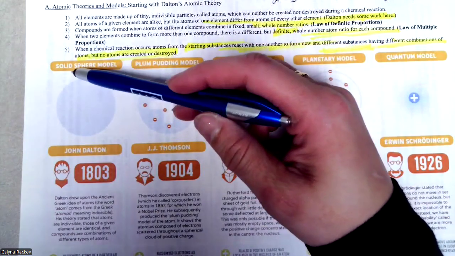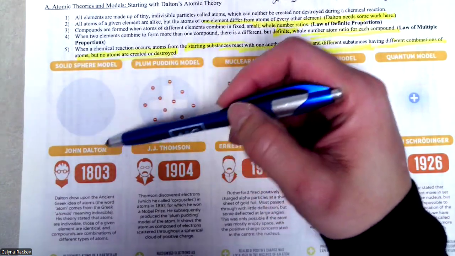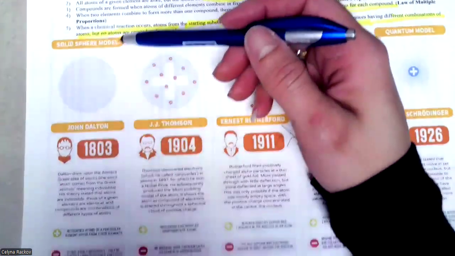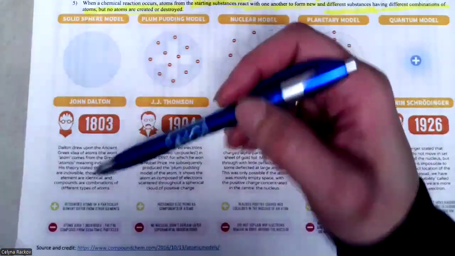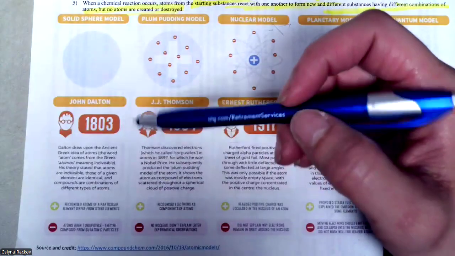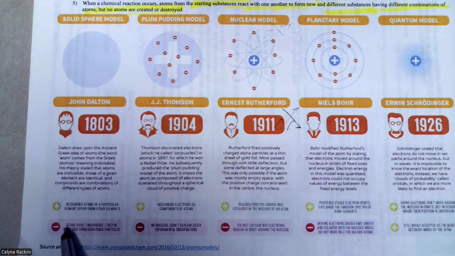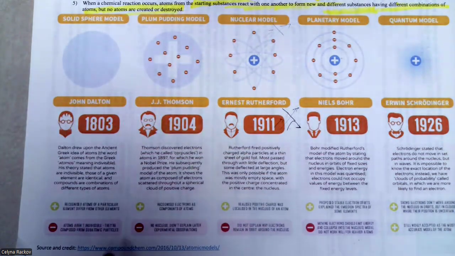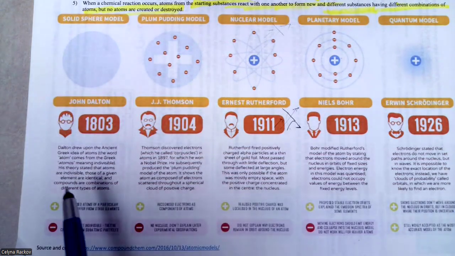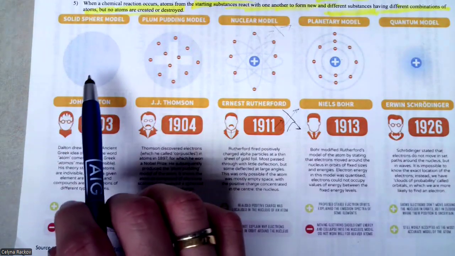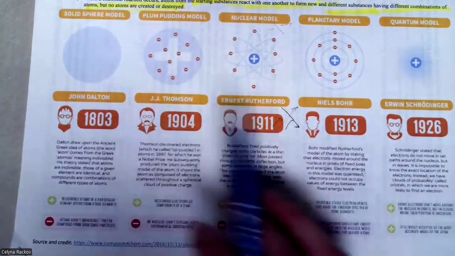He recognized that atoms of a particular element are different from another element. But the negative was that he thought atoms are indivisible, but they are not, right? You know that atoms have subatomic particles, but Dalton didn't consider the subatomic particles.